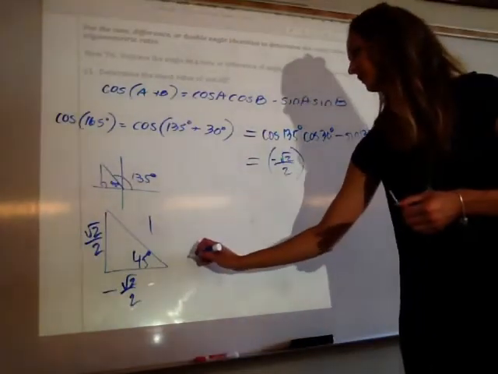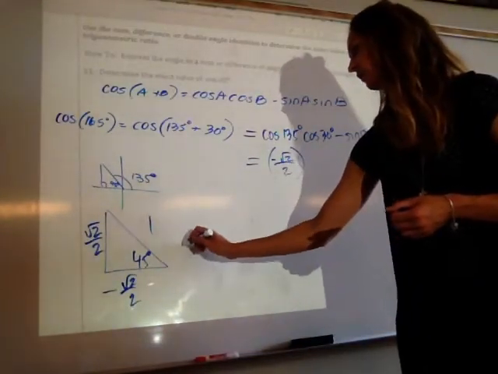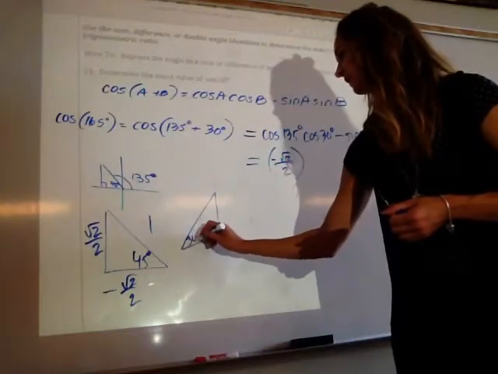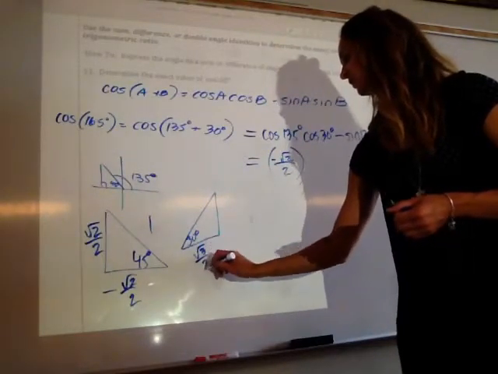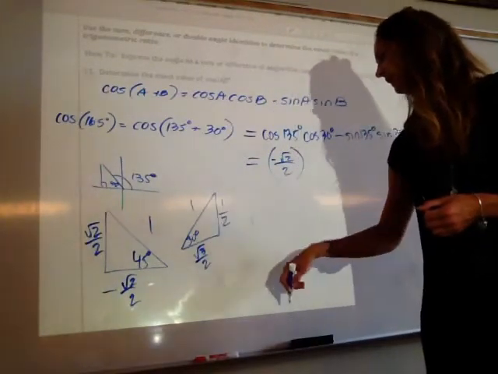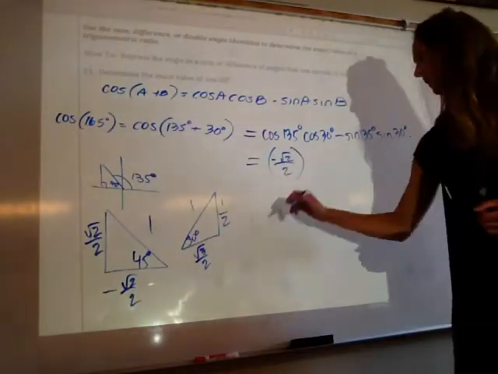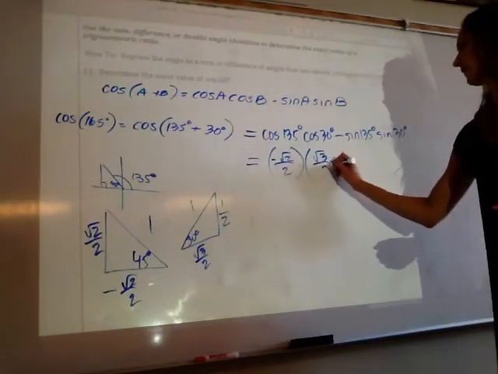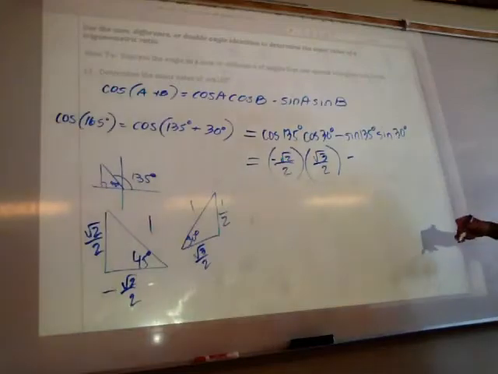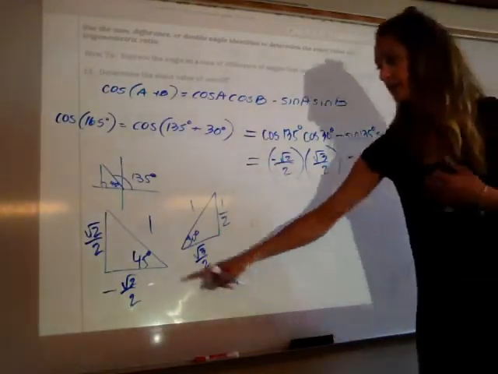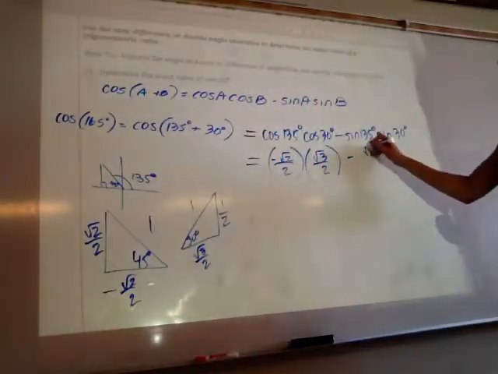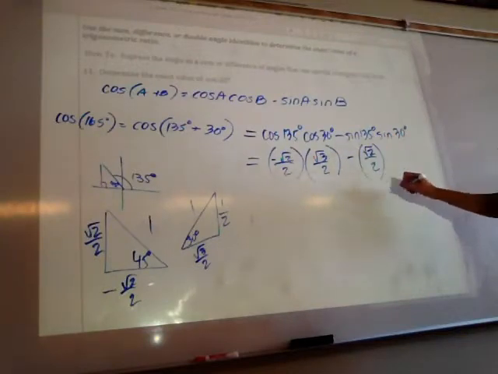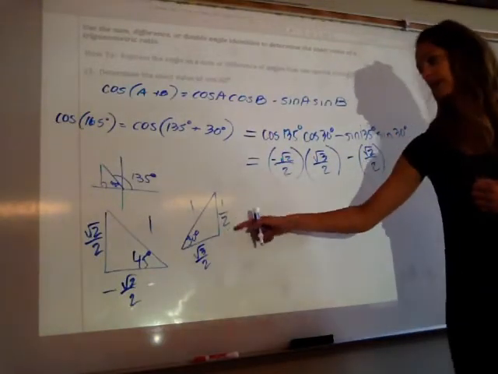Okay, dealing with 30 degrees, okay, in quadrant 1, that's root 3 over 2, 1 over 2, and 1. So cosine 30 is root 3 over 2. Sine 135 is the y-coordinate, root 2 over 2. And sine 30, again, the y-coordinate, 1/2.